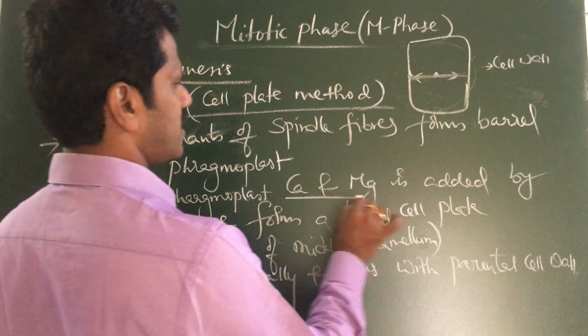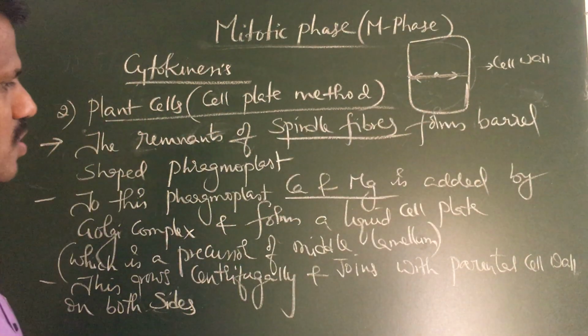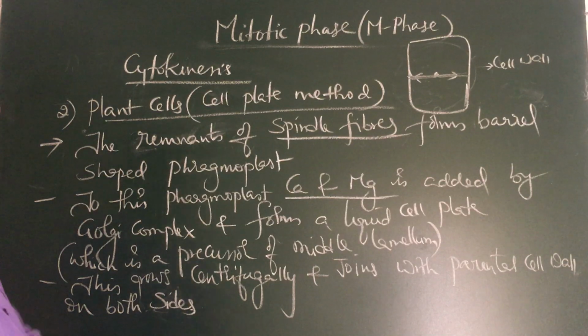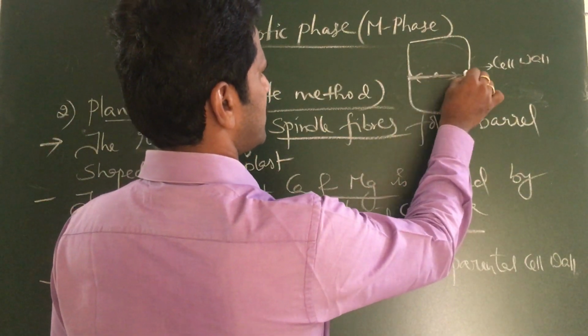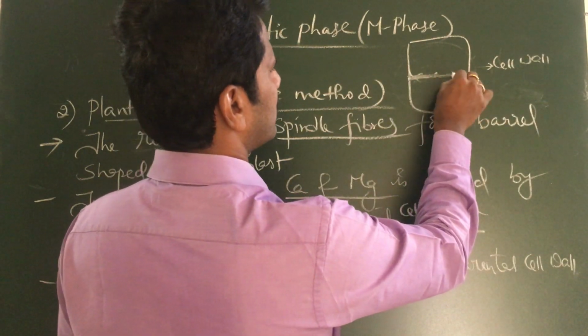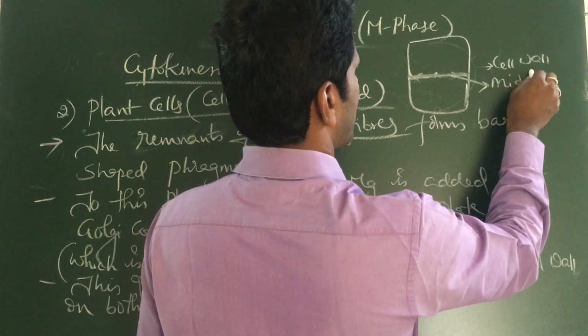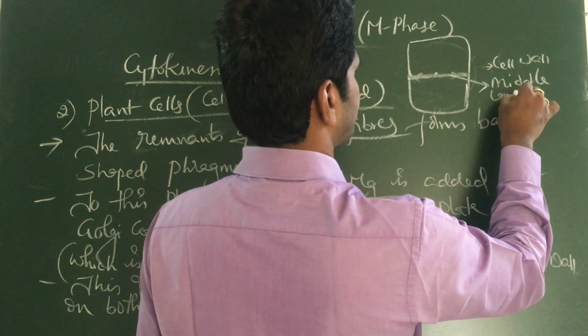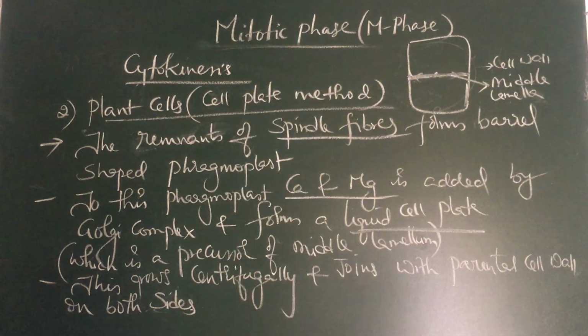To this, calcium and magnesium are added, with spindle fibers, and initially it is called the liquid cell plate. That cell plate touches the cell wall on both sides and forms the division. This is called the middle lamella. So now it divides into two different cells.